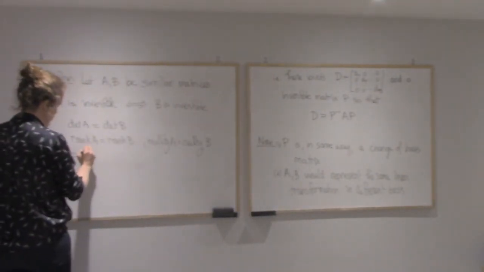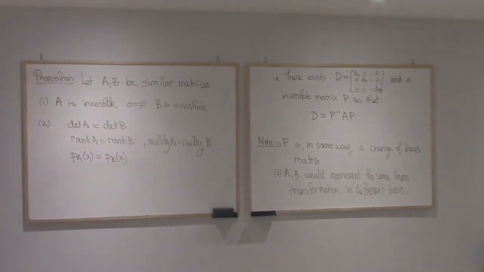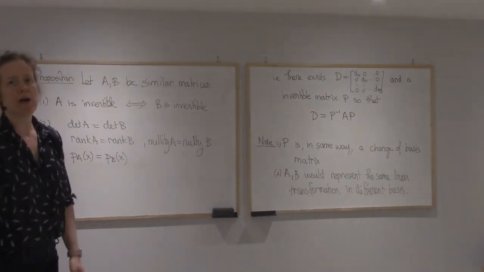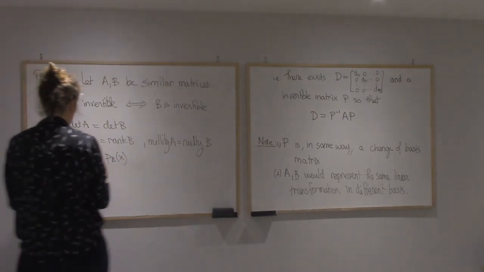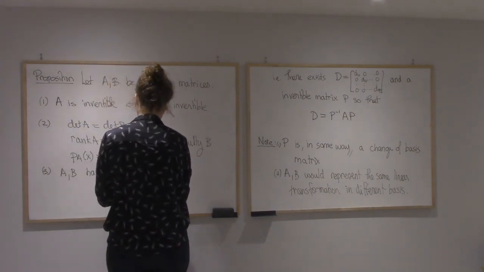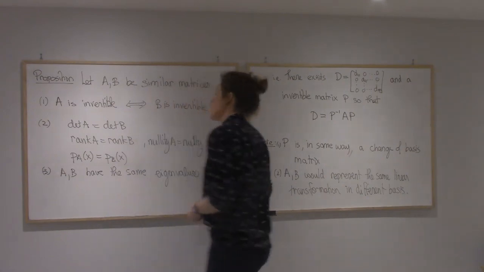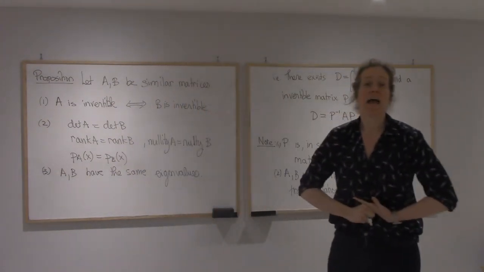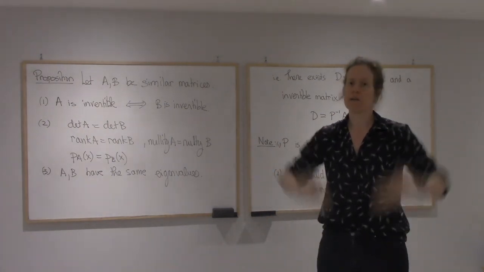Alright, what else? Oh yeah, characteristic polynomial, same. Same characteristic polynomial, that means same eigenvalues. But A and B will not have the same eigenvectors in general.